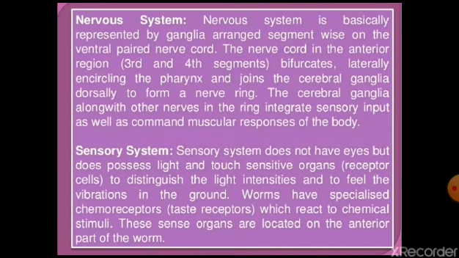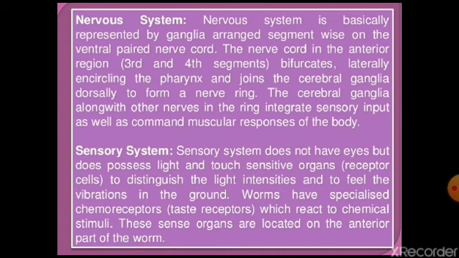Now, nervous system. Nervous system is basically represented by ganglia arranged segment-wise on the ventral paired nerve cord. That means the nerve cords lie ventrally in earthworm.